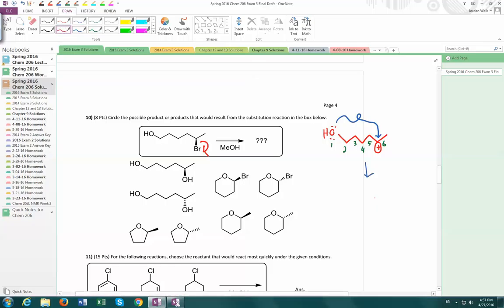We've got 1, 2, 3, 4, 5, 6, and a methyl group is 7 off of 6. Because it's an SN1 reaction, we're going to form a new chiral center at that alpha carbon, so we end up with this plus the enantiomer. This one was a tough one, but people for the most part got quite a bit of partial credit on it.